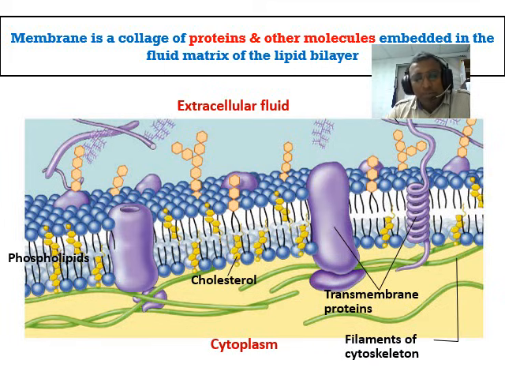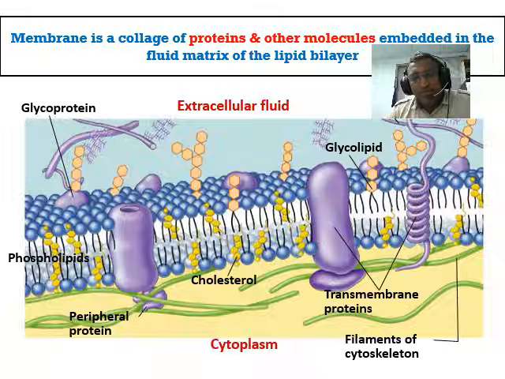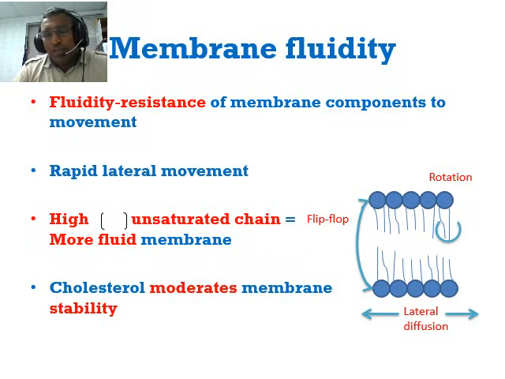You have the transmembrane protein, and also peripheral protein inside the cell. You have conjugated protein, glycoprotein, with the protein buried inside the cell membrane. You also have glycolipid, with the lipid part buried in the lipid bilayer and the carbohydrate to the outside of the cell.